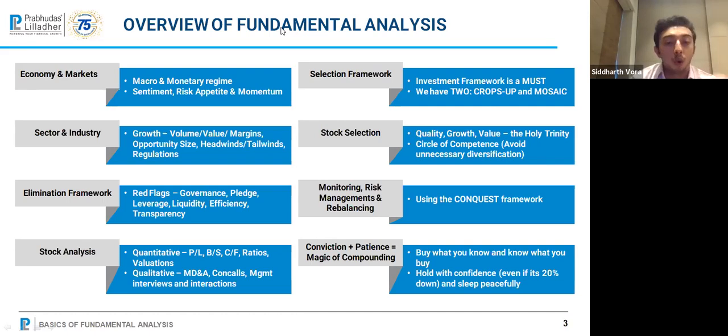For qualitative, what do I need to look at? The management discussion and analysis. I need to listen to the con calls, management interviews, and interactions. This will tell me the subjective view of what the company thinks, how its business is going to do in the next few years. And this becomes very important to build into your analysis.